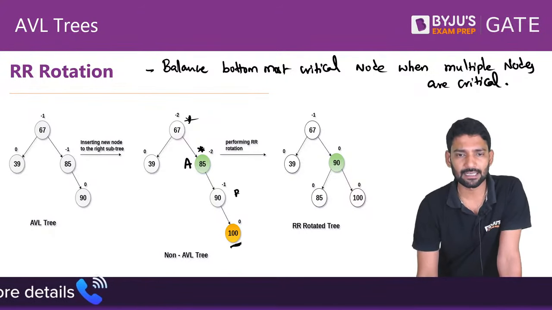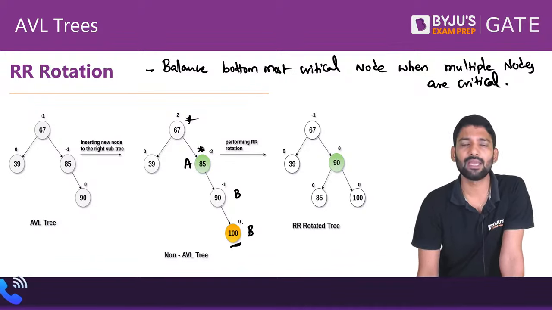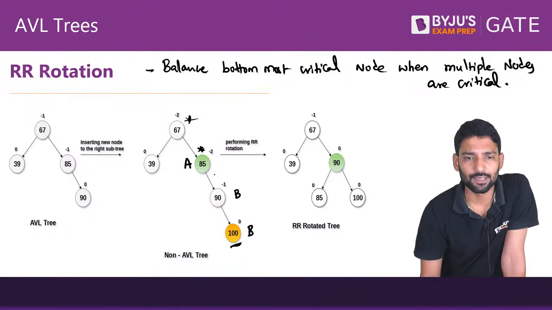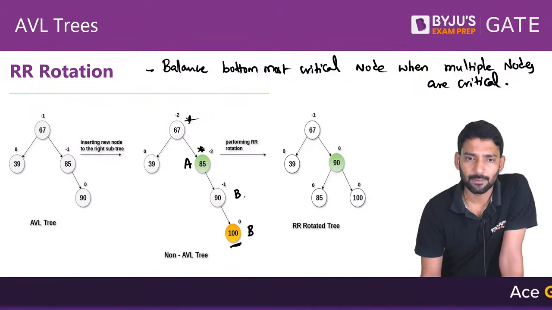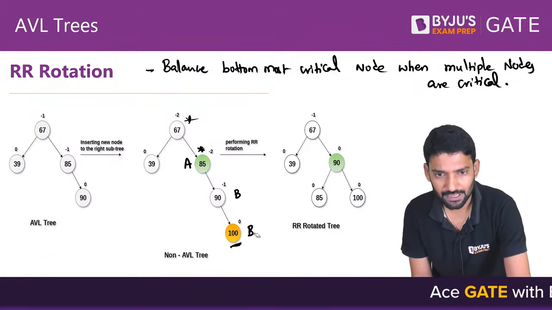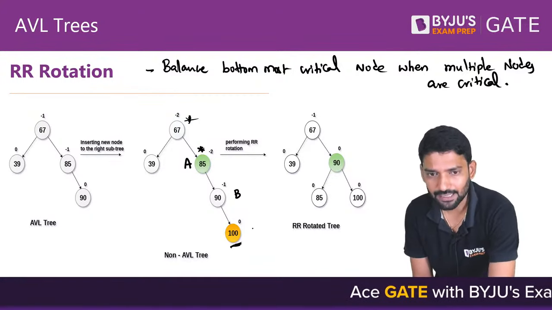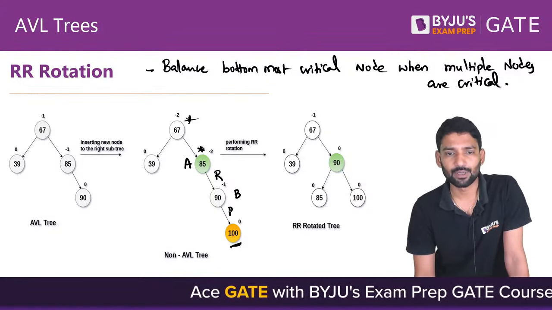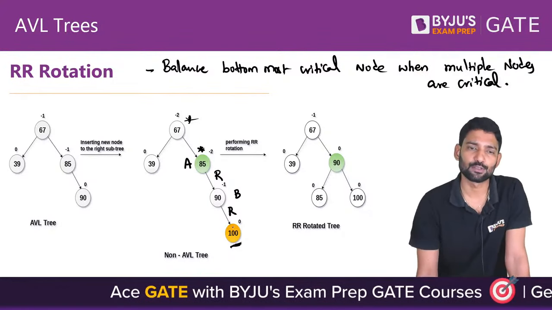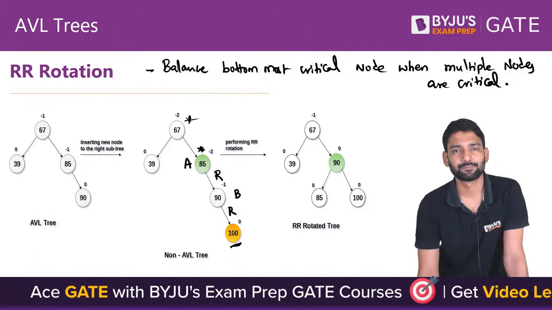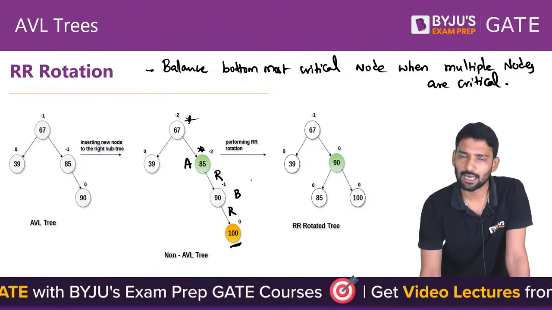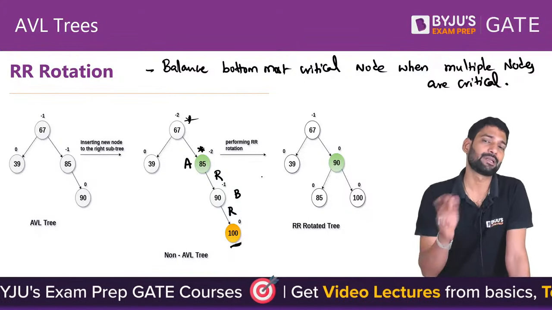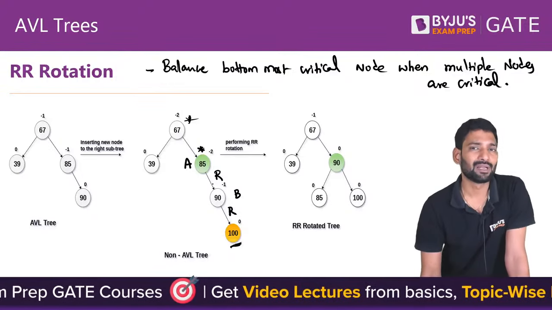Now why did A become critical? Because towards A's right side, its right side, you have inserted a new node. Because of that A became critical. So you have to do RR rotation. As I said, you will represent it as a mirrored image.